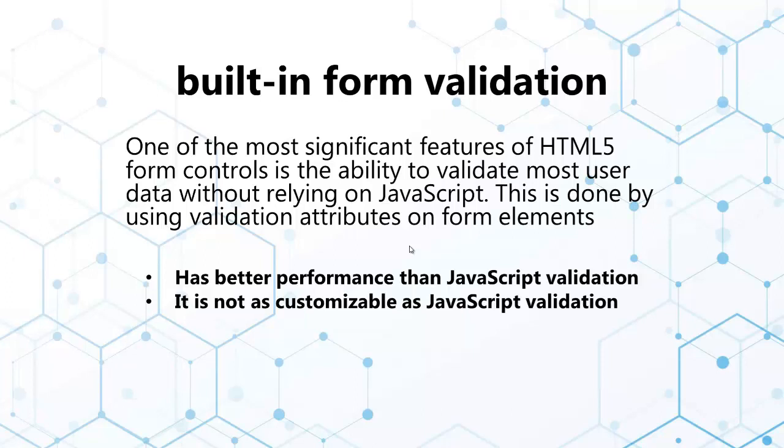Without JavaScript, just using CSS to show some error messages to the user, this is the way built-in form validation works. It has better performance than JavaScript validation, but it is not as customizable as JavaScript validation.